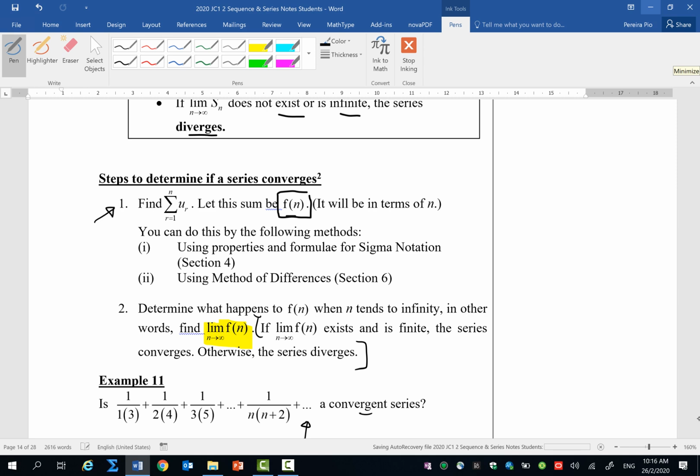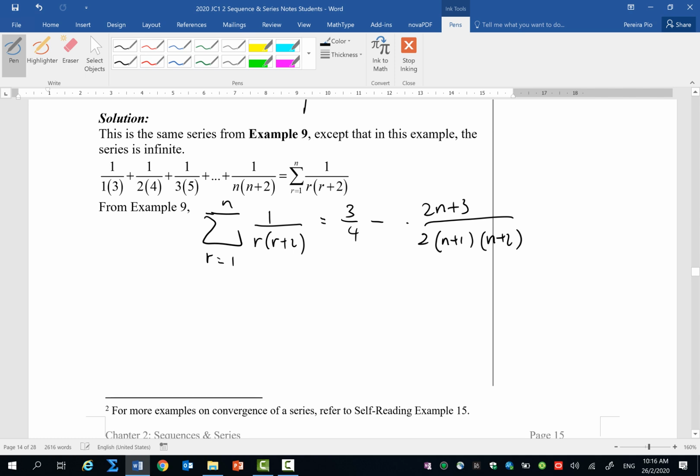So how do you find the limit? You say the limit as n tends to infinity of this sum is the same as saying the limit as n tends to infinity of this whole thing.